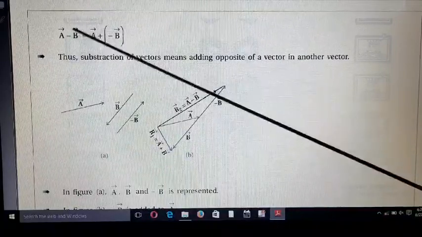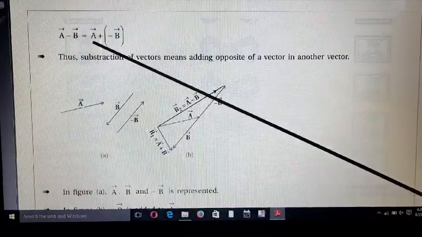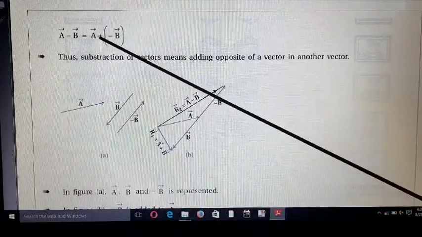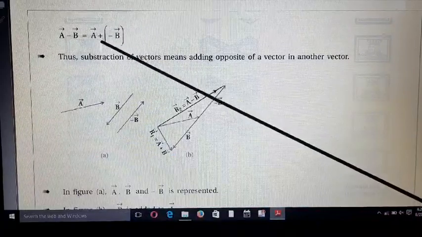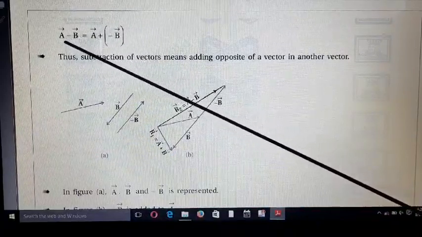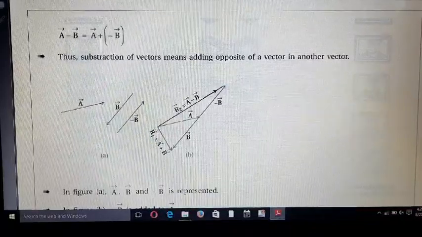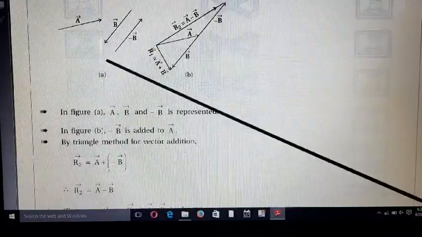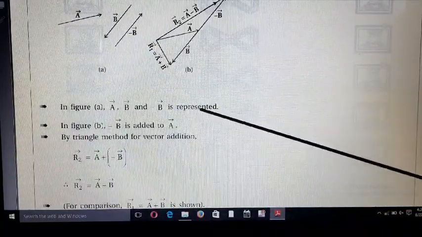Okay, look here. Here vector A minus B, we can write mathematically as vector A plus in bracket minus vector B, meaning plus minus is minus. So vector A minus vector B, both are the same. In figure A, vector B and minus B are represented.